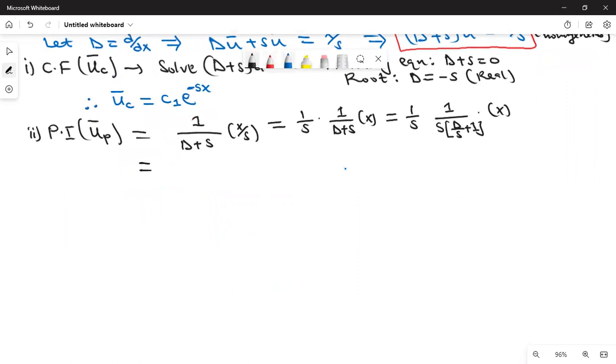So this can now be written as 1 over s squared times 1 over 1 plus D over s operating on x. So now expand this inverse D operator, expand this in Maclaurin's series.